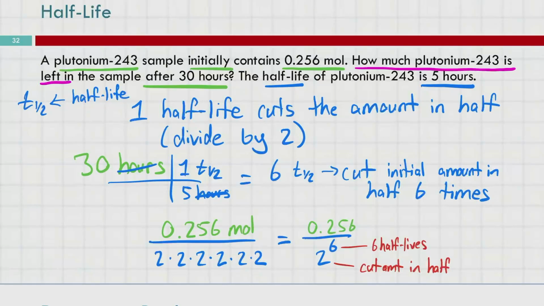So 0.256 divided by 2, divided by 2, 3, 4, 5, 6, 0.004.